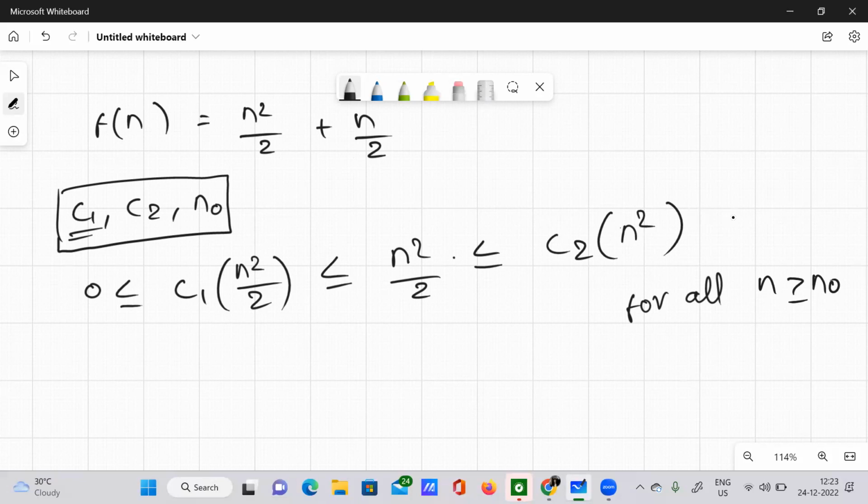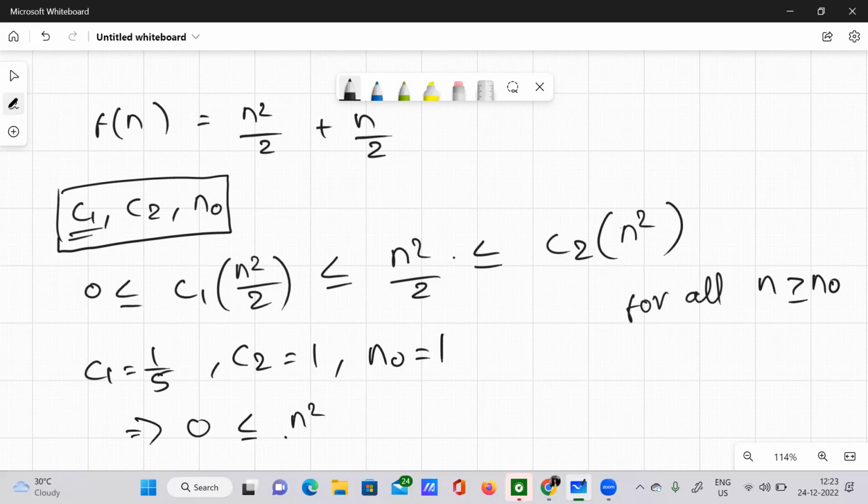If I choose C1 is equal to 1 by 5 and C2 is equal to 1 and n0 is equal to 1, then what happens? My equation would become 0 less than or equal to n square by 5 less than or equal to n square by 2 plus n by 2.